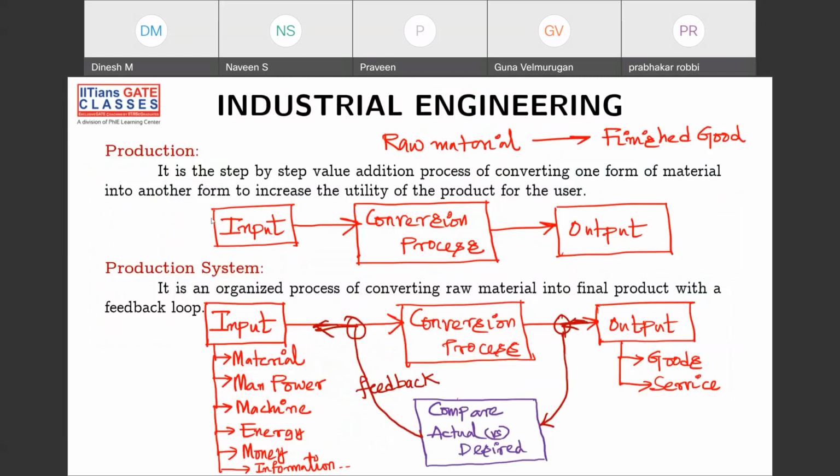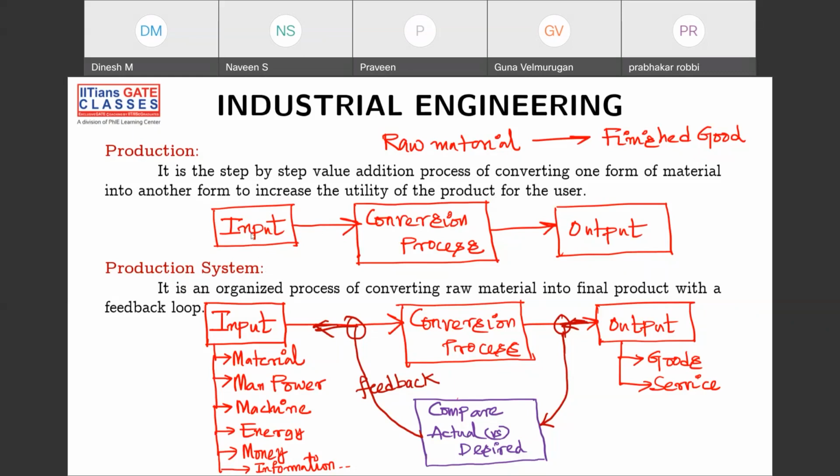So production, we have already defined in the initial slides of our manufacturing, when we discussed the introduction of manufacturing, right? It's nothing but converting raw material into finished good. Now, what is input? Input is your raw material, your machine, material, your manpower. All these things are the inputs.